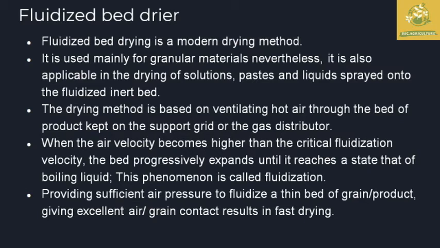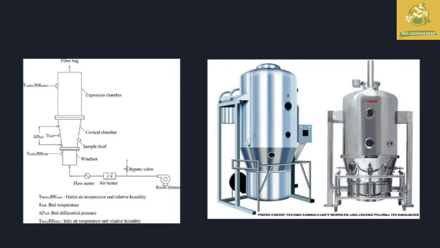The dryer provides sufficient air pressure to fluidize a thin bed of grain or product, giving excellent air to grain contact and resulting in fast drying. So this is a picture of the dryer.